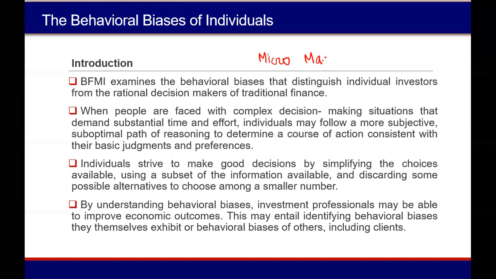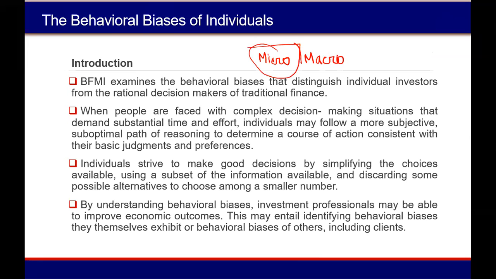Okay, so we also gave an idea that behavioral finance has two perspectives. One is micro, another one is macro. In the micro perspective, we try to discuss the forces or factors which influence individual decision making, which are different from the rational individual's decision making. We try to discuss those factors in the behavioral micro perspective.